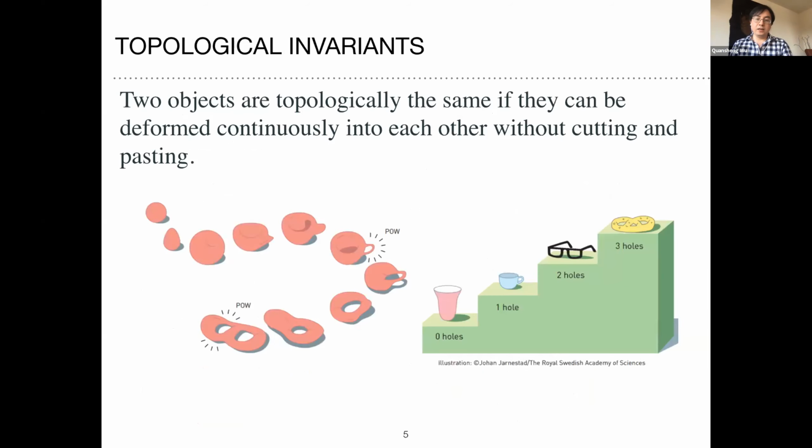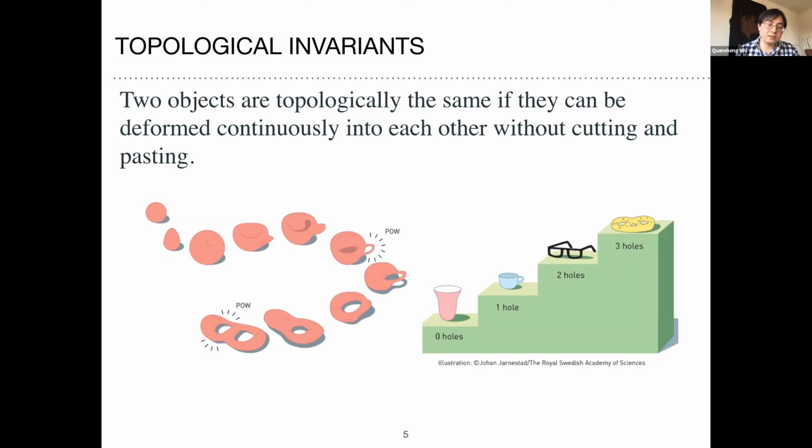So we need to introduce the topology concept. Actually, topology comes from mathematics. It is defined like this: if you have two objects, and they are topologically the same, then it means that they can be deformed continuously into each other without cutting or pasting.